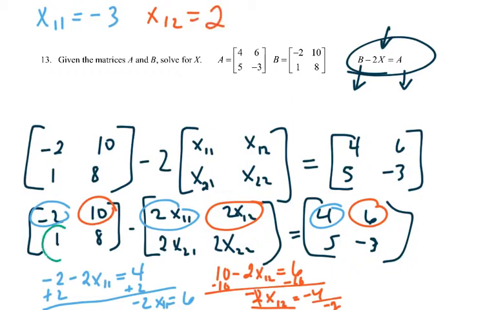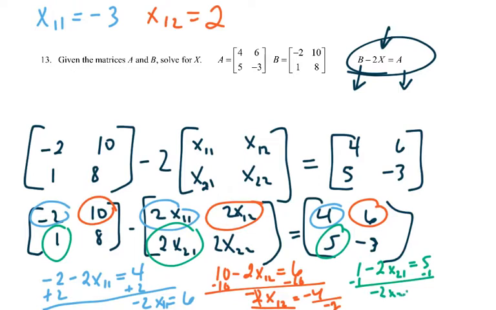Doing the same thing, 1 minus 2x sub 21 has to equal 5. Subtract 1 from both sides. I get that negative 2x21 is equal to 4. Divide by negative 2. So x sub 21 is equal to negative 2.